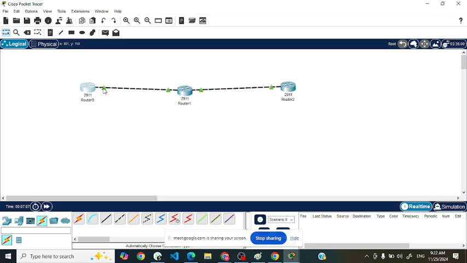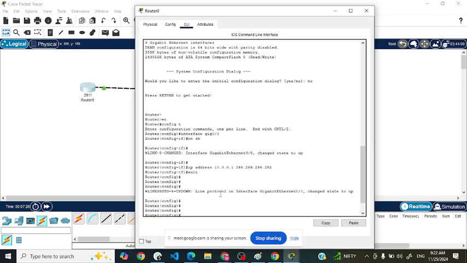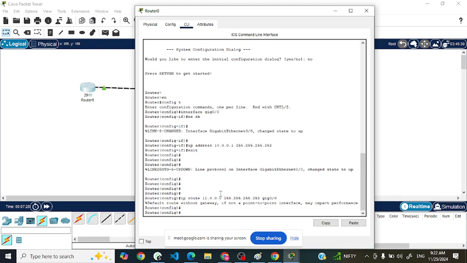So this is a 10.0.0.0 network with /30 and this is an 11.0.0.0 network with /30. I want to send a packet from the 10th network to the 11th network. So I am giving the instruction to router 0 that if you receive any packet whose destination IP is from the 11th network, then you have to send this packet from the gig 0/0 interface only.